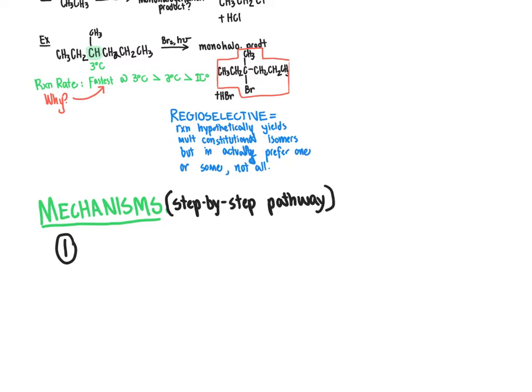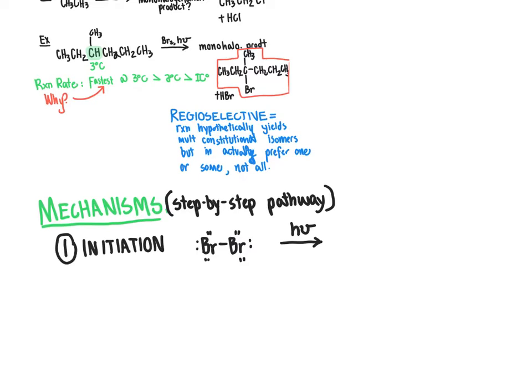We'll return to that later after we get through the mechanism. But for now, we'll just label it as initiation. Initiation is the step where the bond between the two bromine atoms, or if we were using chlorine, the two chlorine atoms, breaks in the presence of light and heat. Light and heat provide the energy for that breakage to occur.